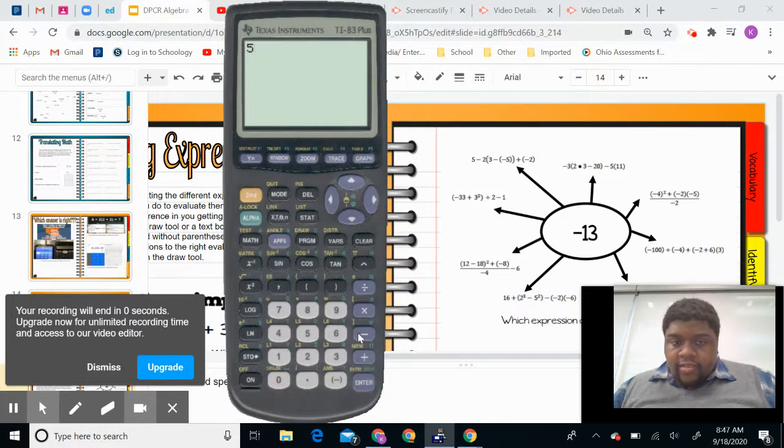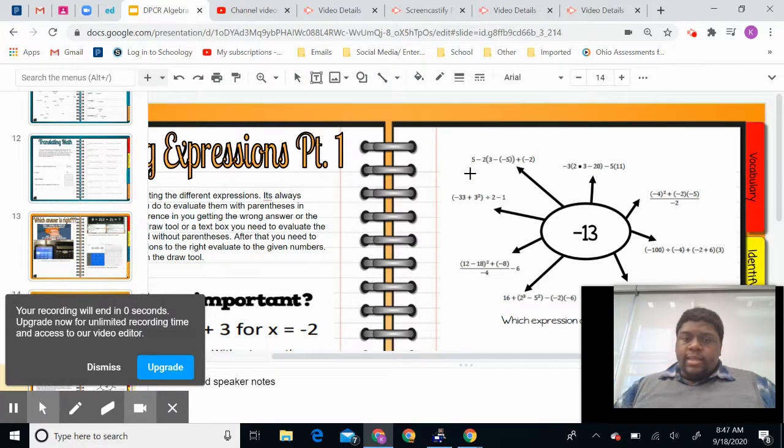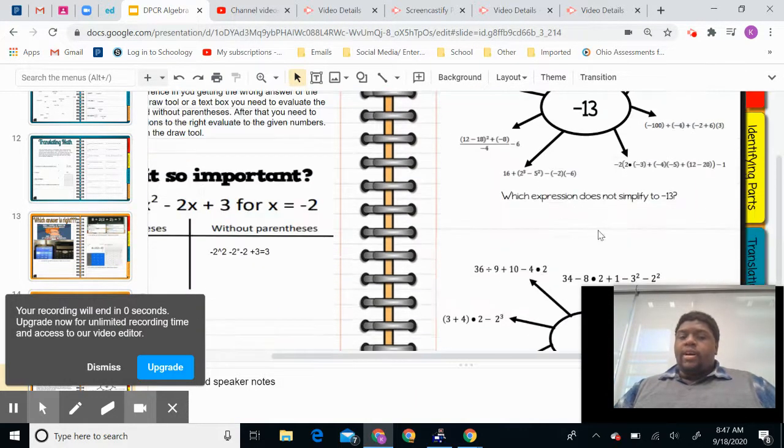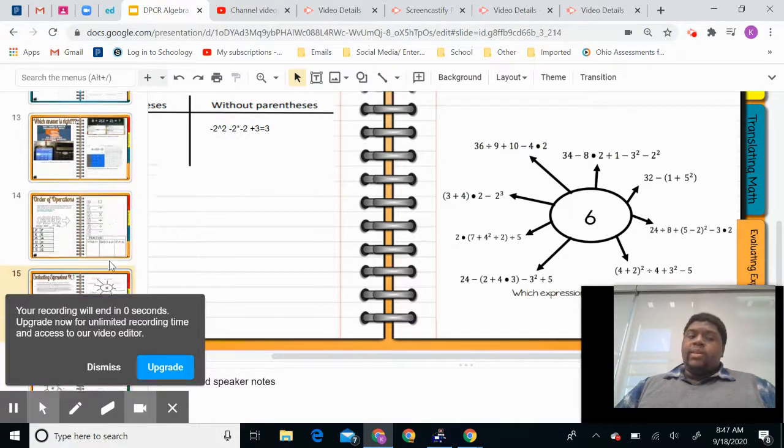We got 5 minus 2, then in parentheses, we got 3 minus -5, and we're going to close that parenthesis off. And then we got plus -2. When I did that, I got -13 as an answer. So I'm going to take a line right here and underline this answer. That's one of our expressions that equals -13. All the rest of these also equal either -13, or in this case over here, we got 6. It just depends on which one you're looking at.